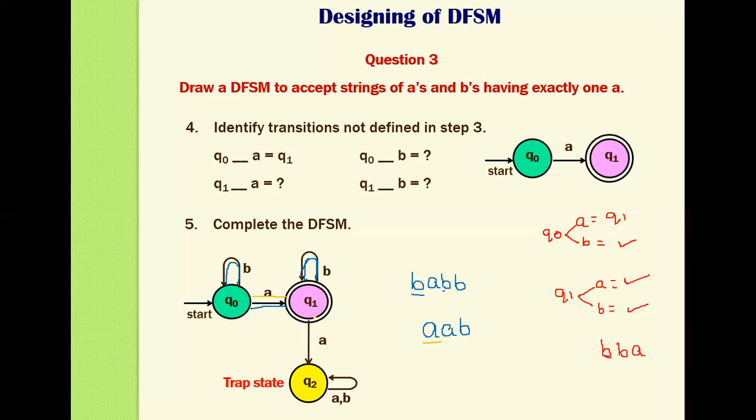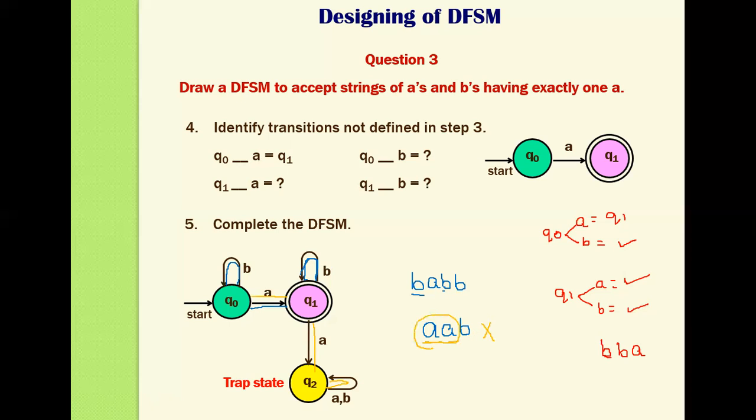One more A, where will it go? It will go to the trap state, and then it will read B. So where are you now? You are in the trap state, not in the final state. So this string is rejected, because I have two A's now. That is why this is rejected.